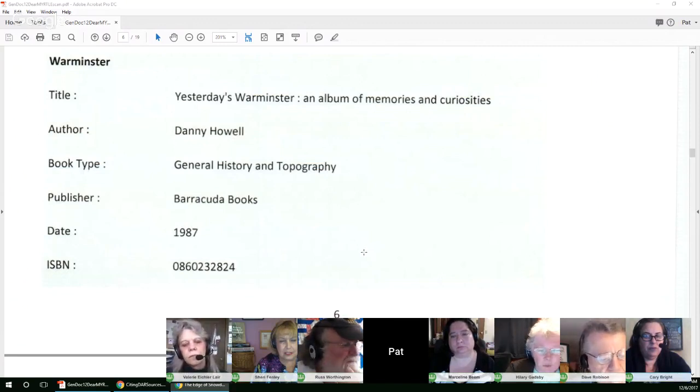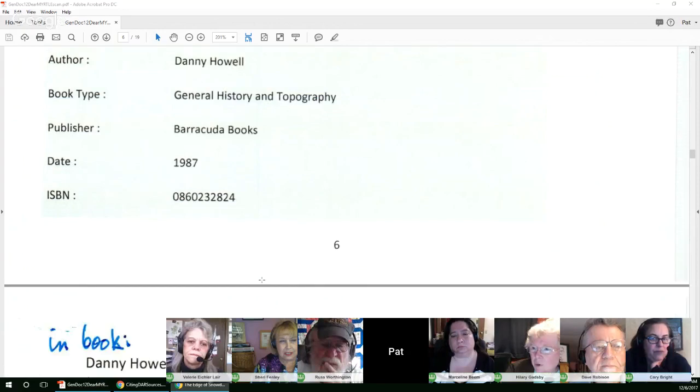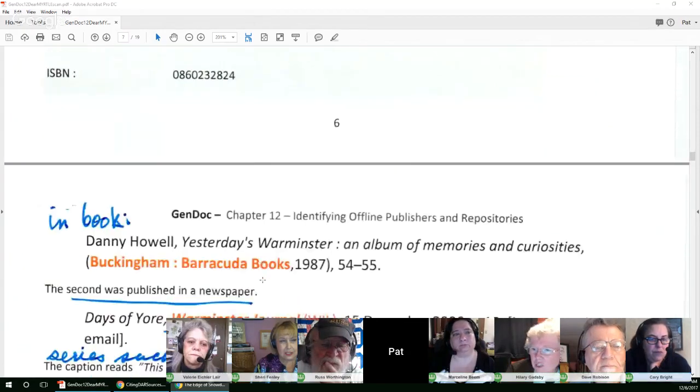So it's got all my information, and it's a published book, and that gives me the ISBN number and everything. It's out of print now, but you can still get copies, as some of the specialist booksellers do sell it. I managed to get a copy of this, and so I've actually managed to see the photograph in the book, and the blog post that I wrote had where the photograph can be found.